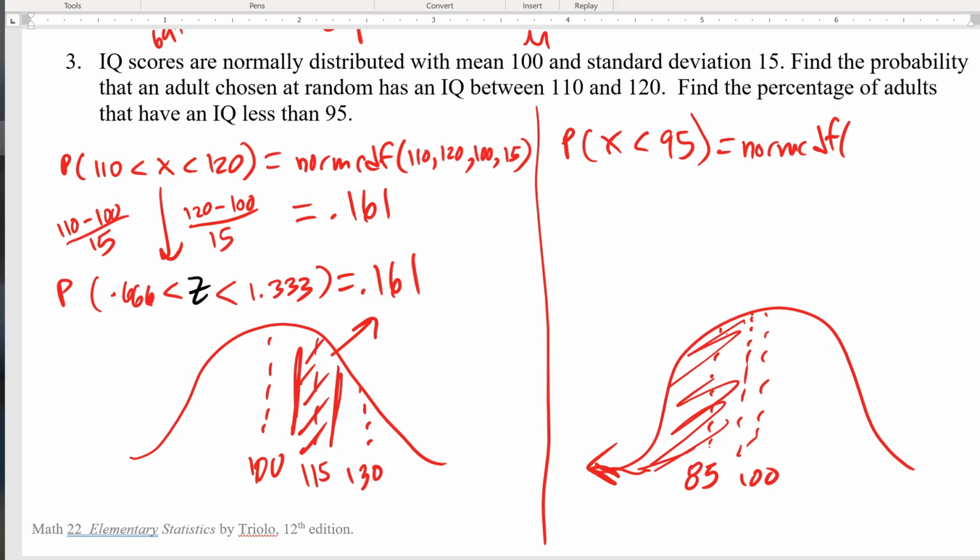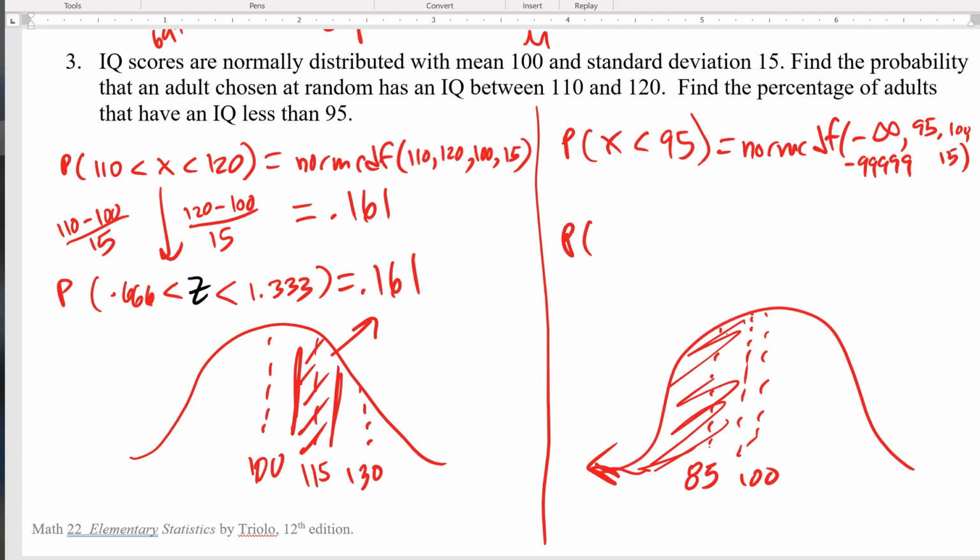So what would our minimum be? Well, left forever, or negative infinity, or negative bunch of nines. Comma, maximum, comma, mean. My maximum was not 100. Maximum of, what was it, 95? With a mean of 100 and a standard deviation of 15.